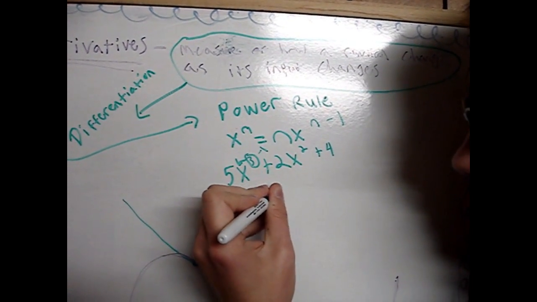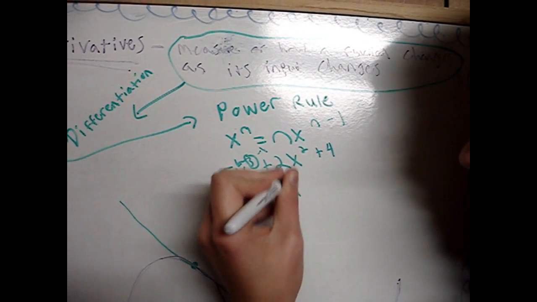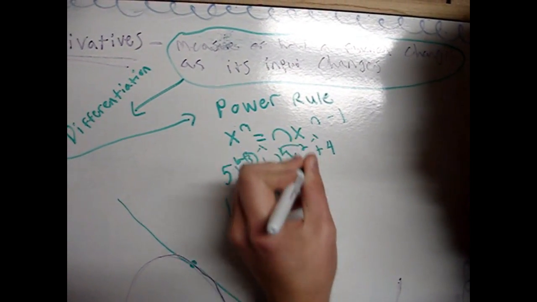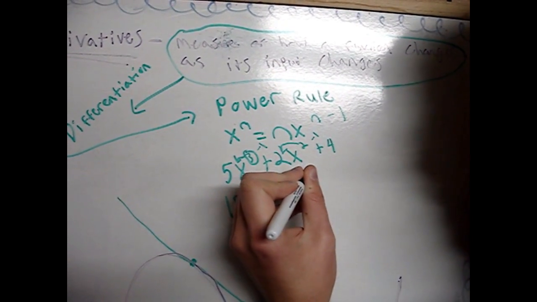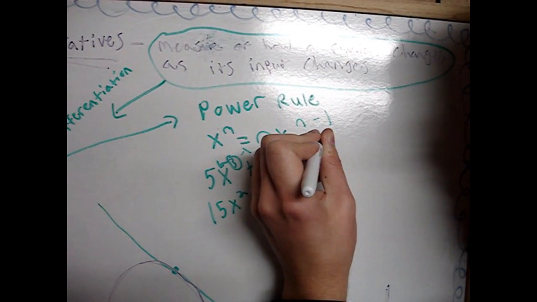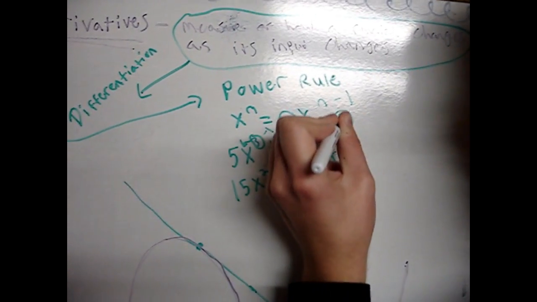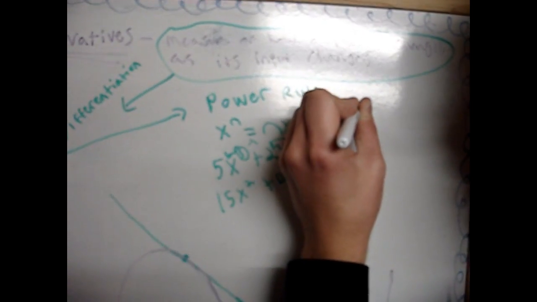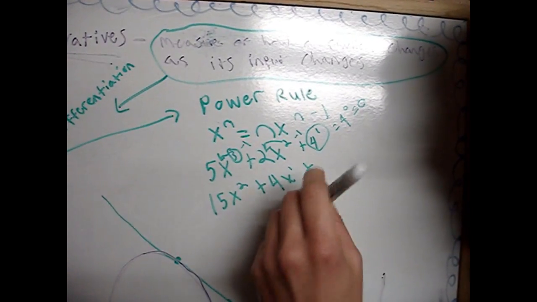So 15x squared plus 4x, and you minus, so there's nothing here, it's 1. And then since 4 to the 1 is 4, you're going to take that to the 0, which would equal 0, so there's nothing there.